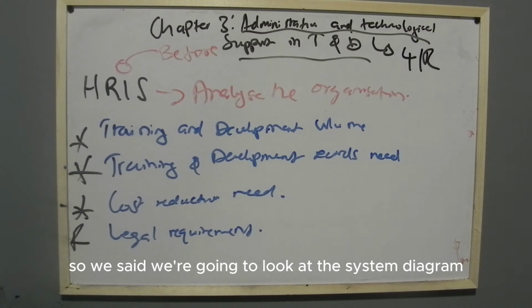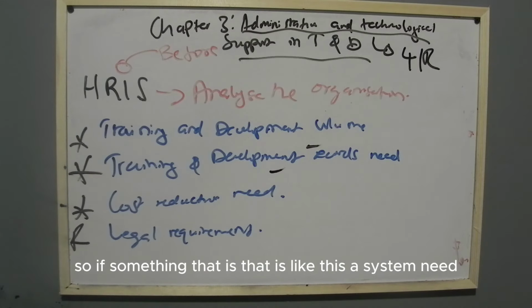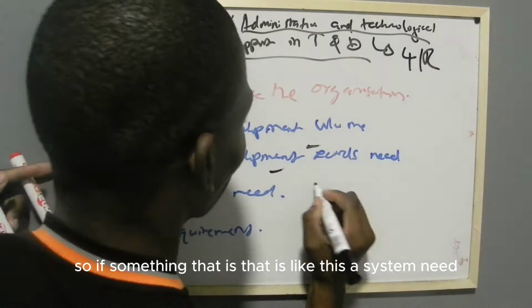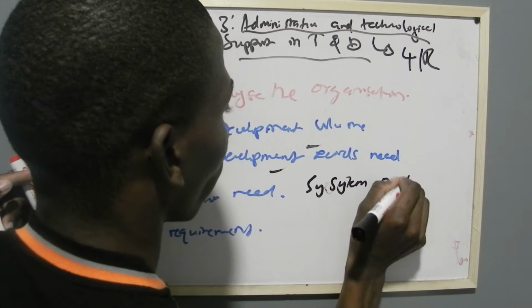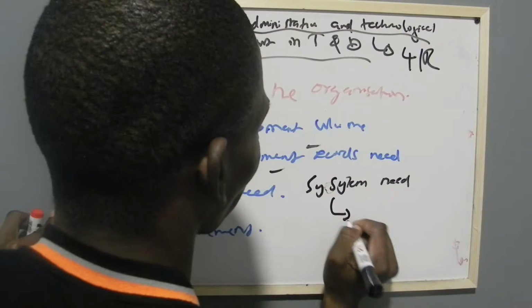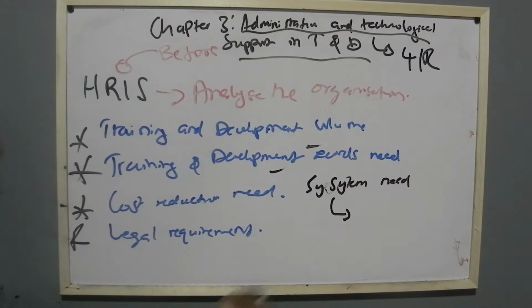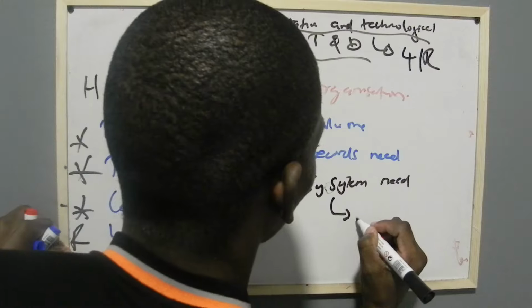So we said we're going to look at the system diagram before we clarify our point here. We're trying to analyze the organization, the system need, and then there will be the selection of a system.